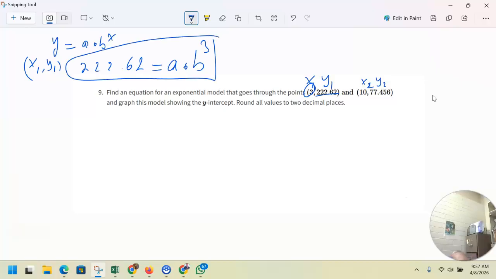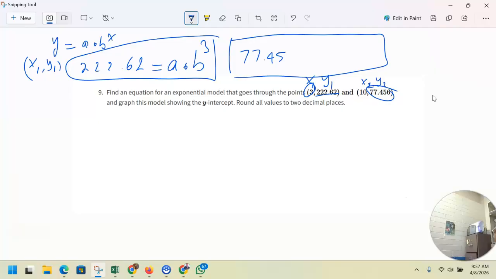That's the first equation. The second equation: this is y2, that is 77.456, equals a times b raised to 10. Now you have to divide this one by this one.